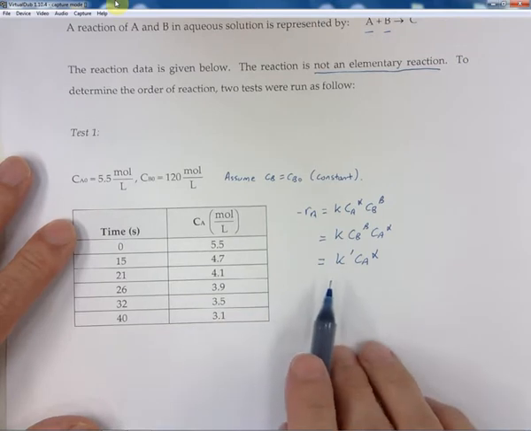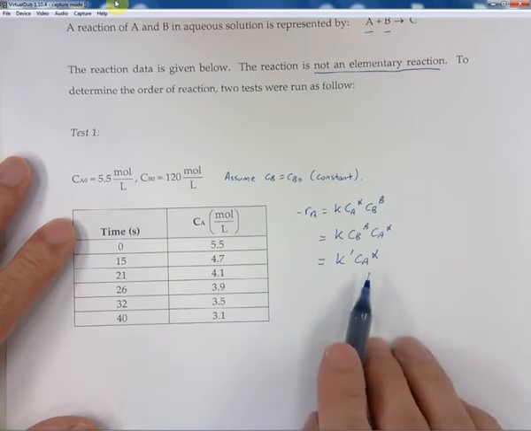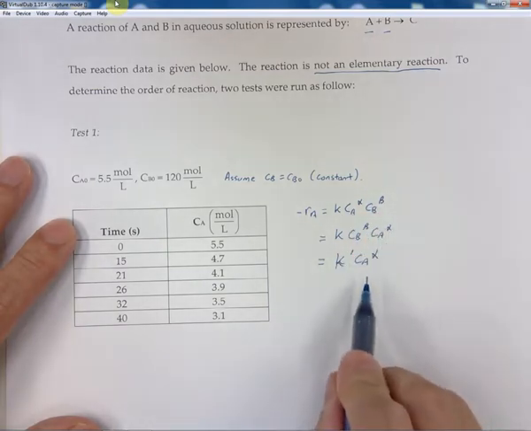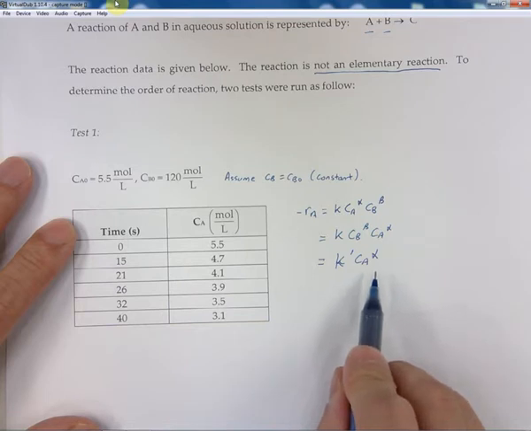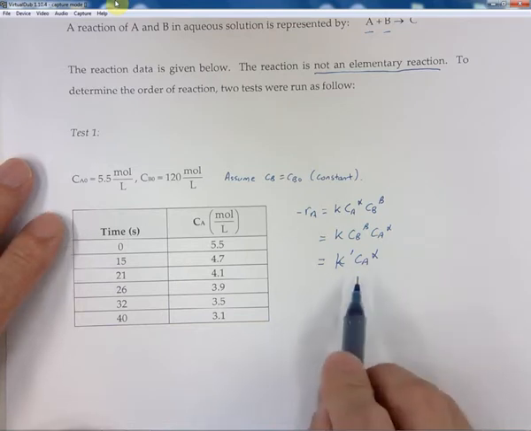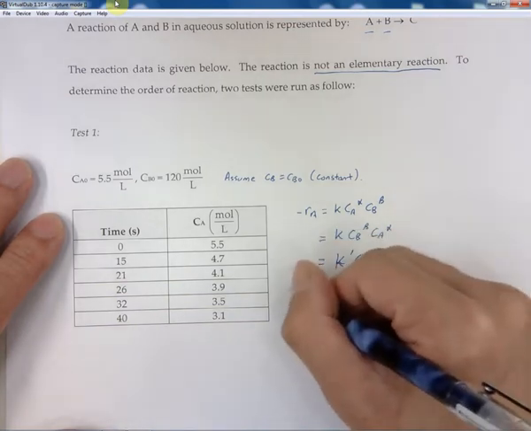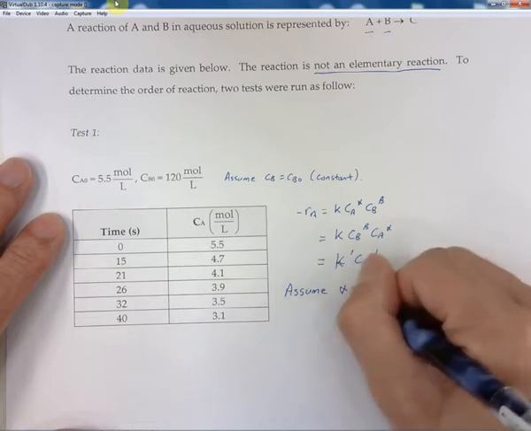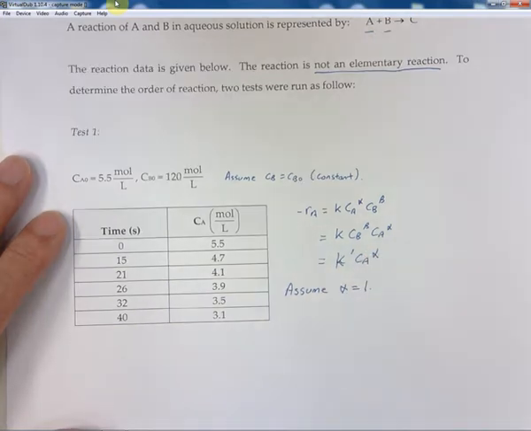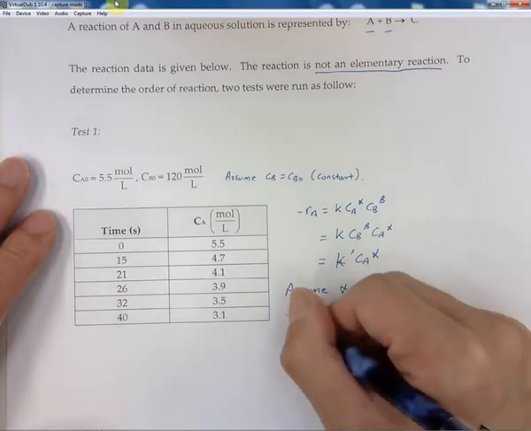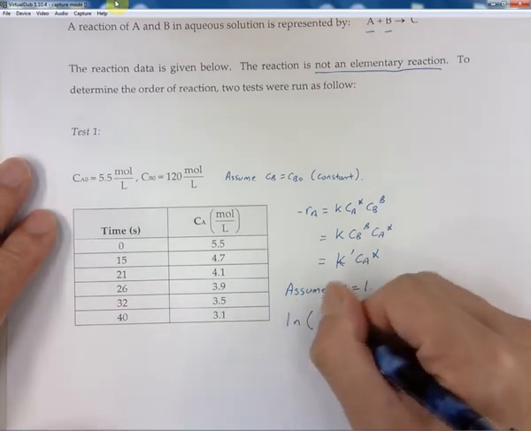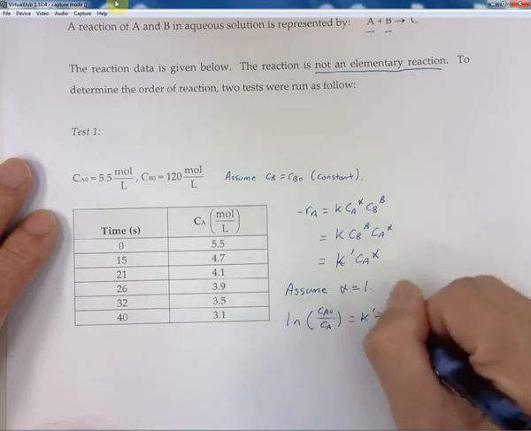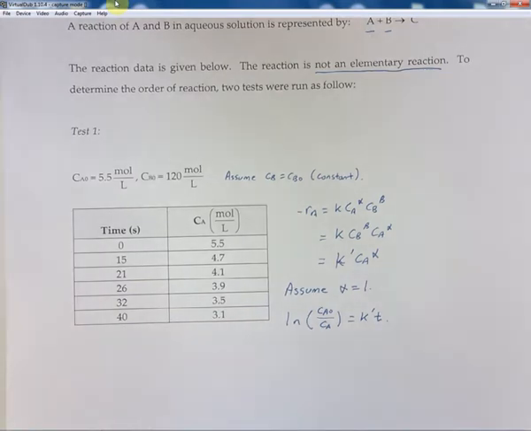By doing so, this just becomes a unimolecular species where there's only one species, A, and we can use the integrated rate law method to determine the order. So let's assume that alpha is 1, which means we assume a first order, and then we need to plot Ca naught over Ca against k prime t. This is what we need to find.